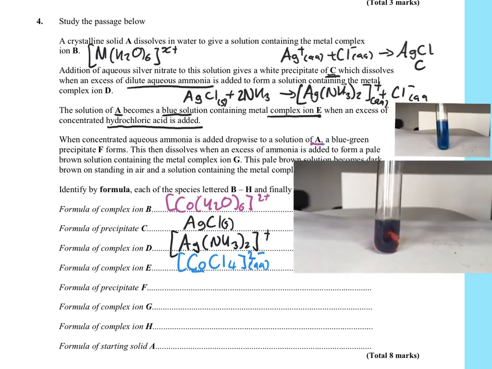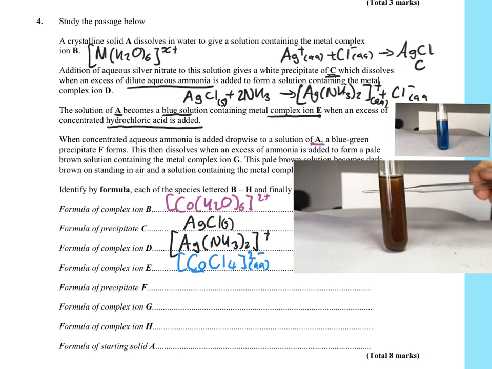So here's our concentrated ammonia and our blue-green precipitate, and then it's added in excess, and we can see that when it's added in excess and left to stand, it goes brown, and when we leave it to stand in air, we get a brown solution, it goes darker at the top.